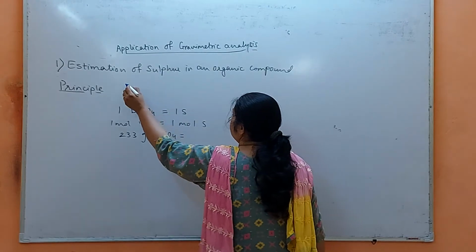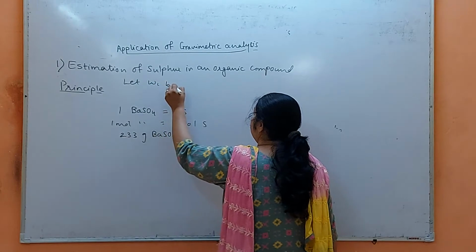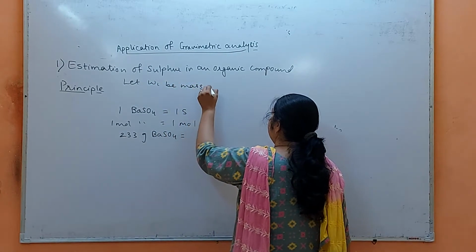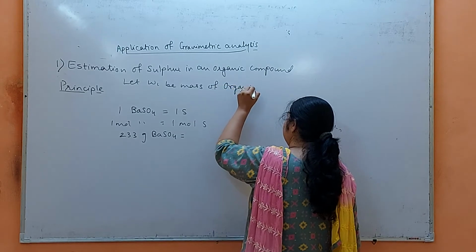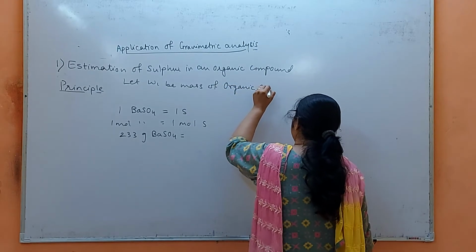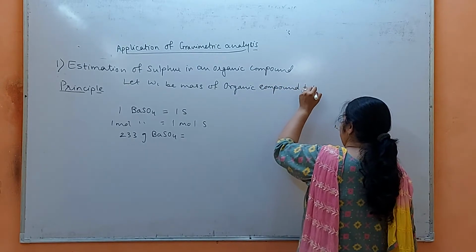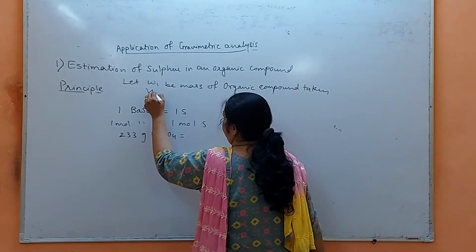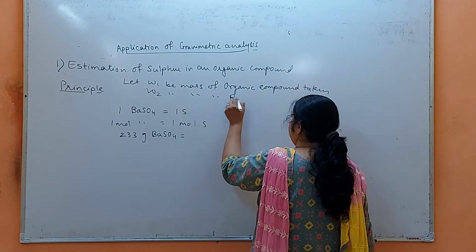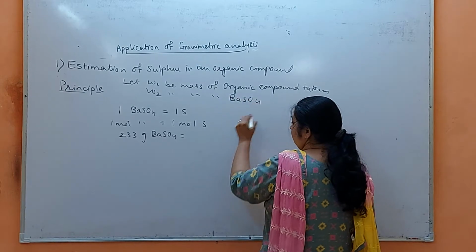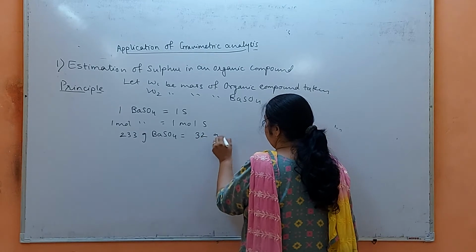First of all, let W1 be the mass of organic compound taken, and W2 be the mass of BaSO4.